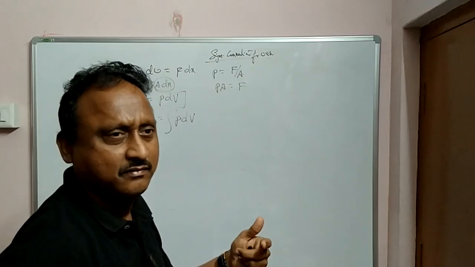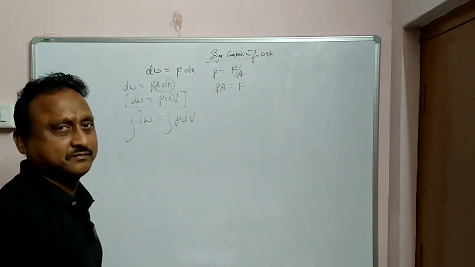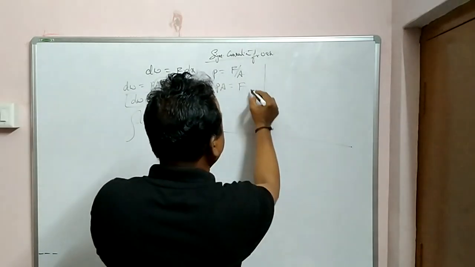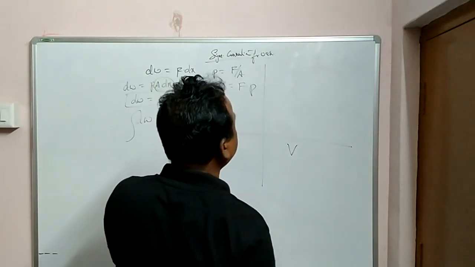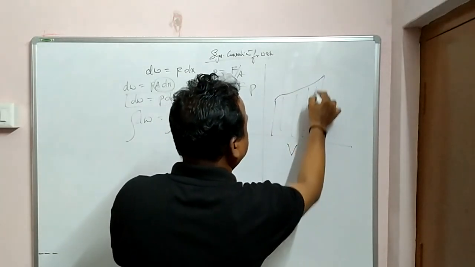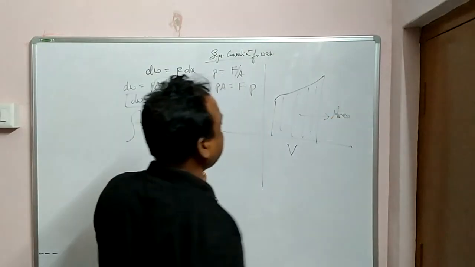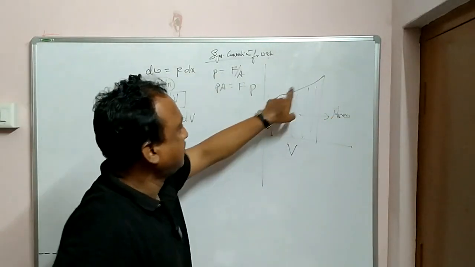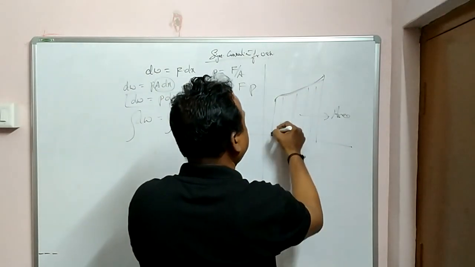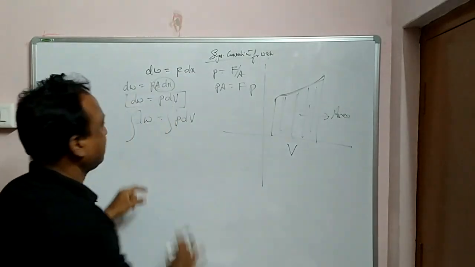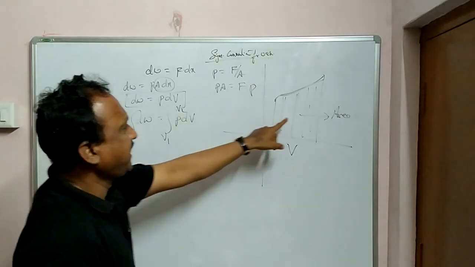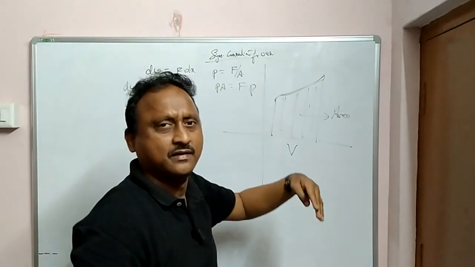Or, area under the curve. How does work done come? Area under the curve. For example, suppose you are given a graph of pressure versus volume, and you take this area. The area of this curve is nothing but work done. The area under the curve is nothing but work done: integral dW equals PdV from V1 to V2, or simply the area under the curve, that is work done.